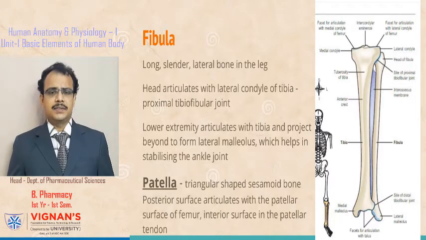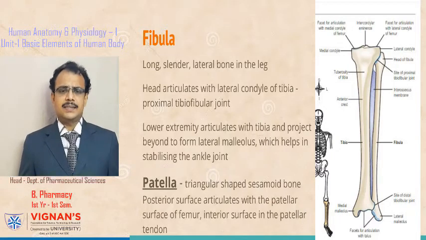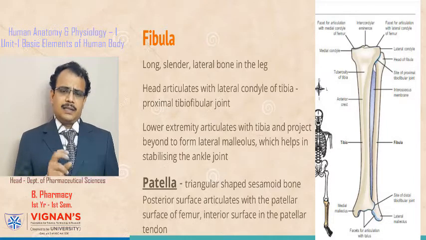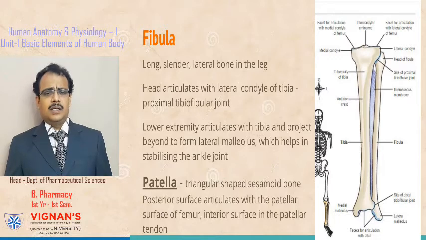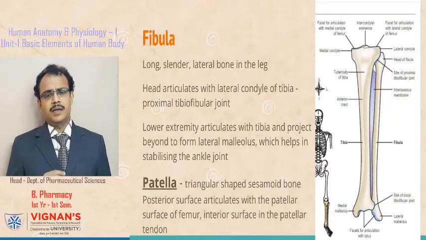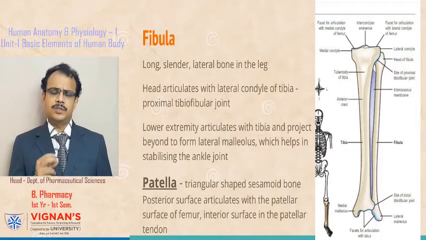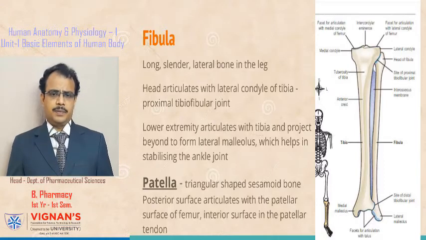Now let's see the patella. The patella is also called the kneecap, and it is roughly triangular in shape and is an example of a sesamoid bone. The patella forms the knee joint with the tibia and femur.